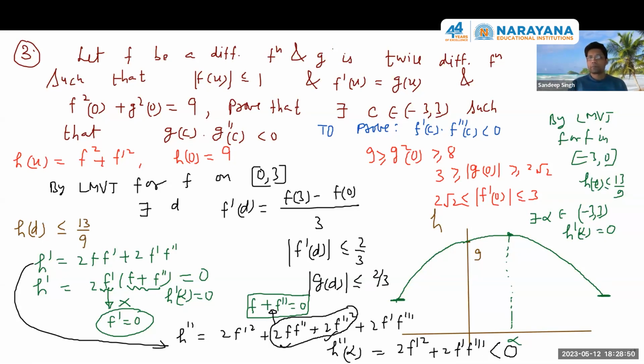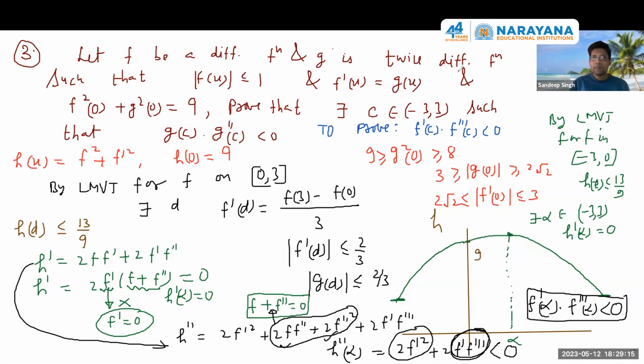Agreed? So to make it negative, the first term is always positive, so what is sure 100%? That at this alpha, f dash alpha into f triple dash alpha must be of opposite sign.